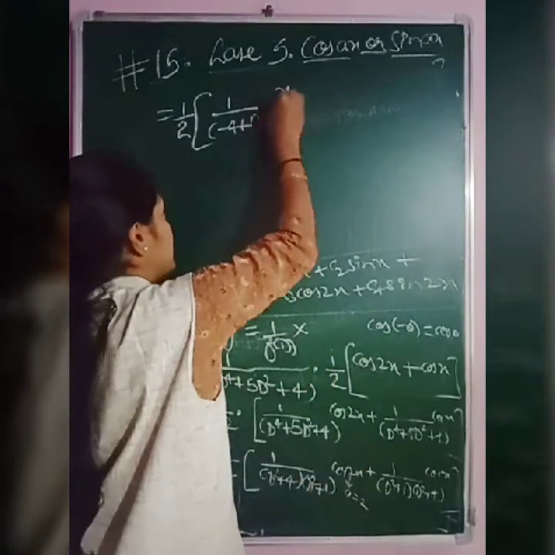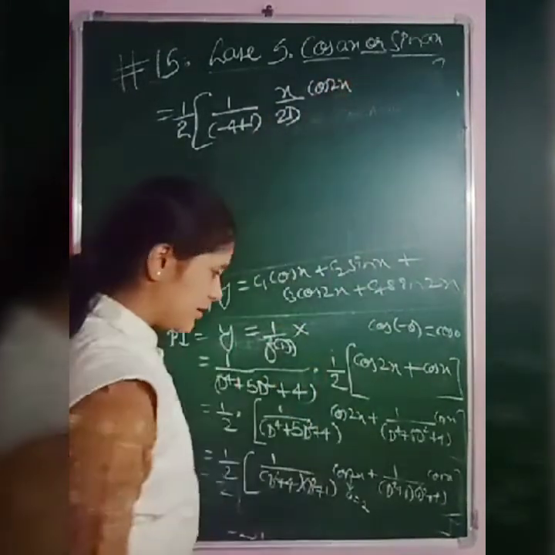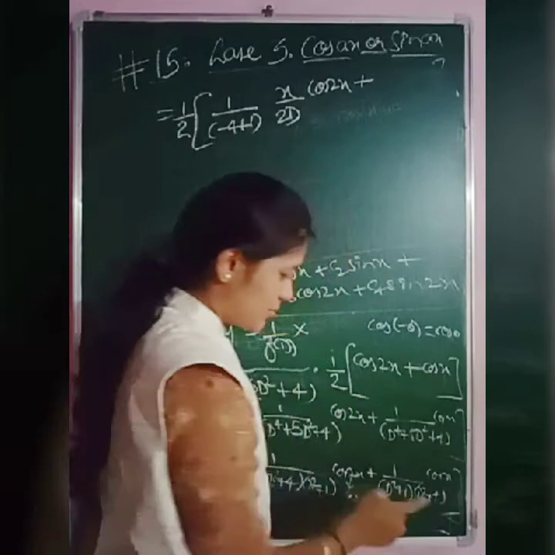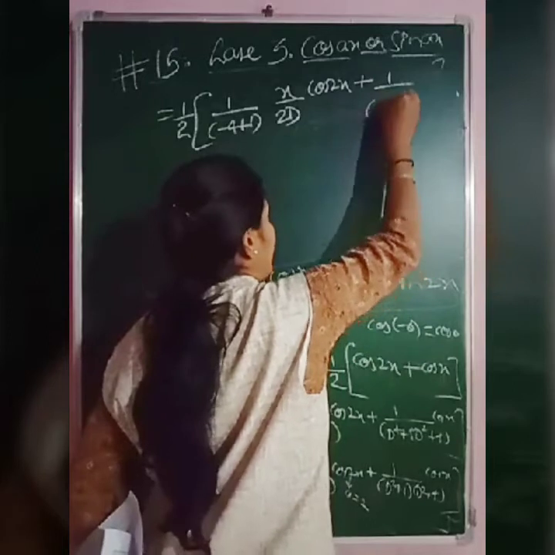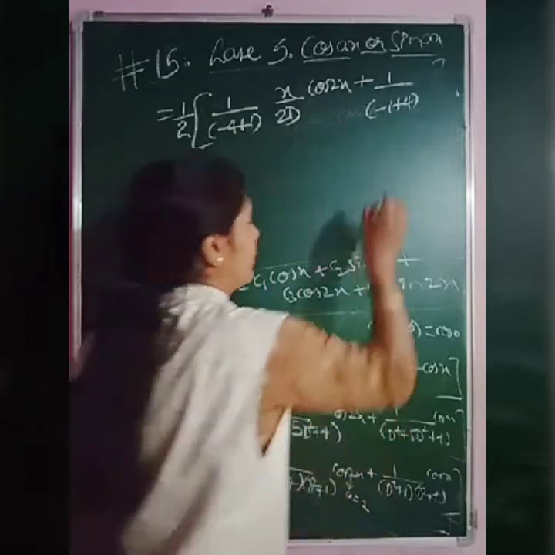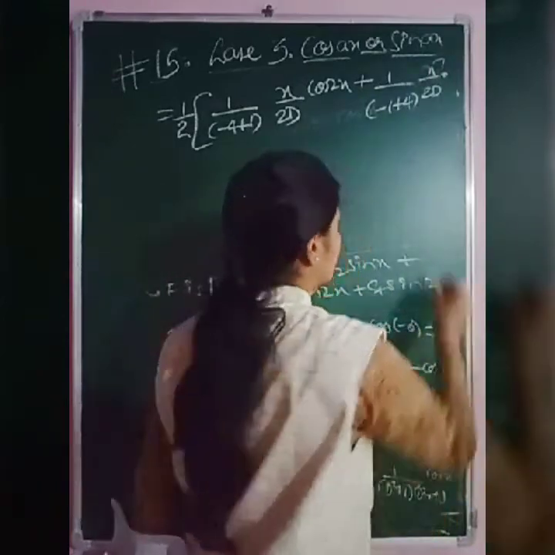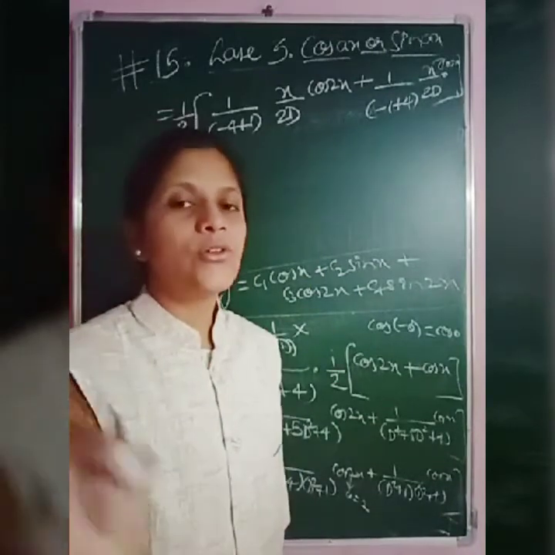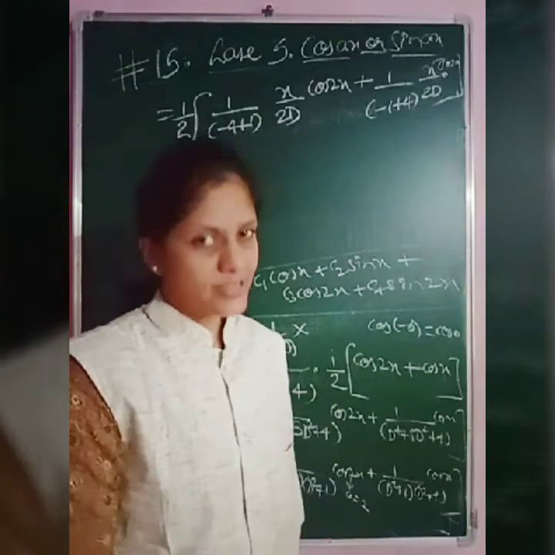So multiply by x, differentiate the denominator, cos 2x. Plus, again here, if I substitute, I get 0. So first let me substitute here: 1 upon minus 1 plus 4, right? Here we are getting 0. So multiply by x, differentiate the denominator, cos x. Right? For which term you are getting 0, there you have to multiply by x and differentiate the denominator. Otherwise, directly you can substitute the values.